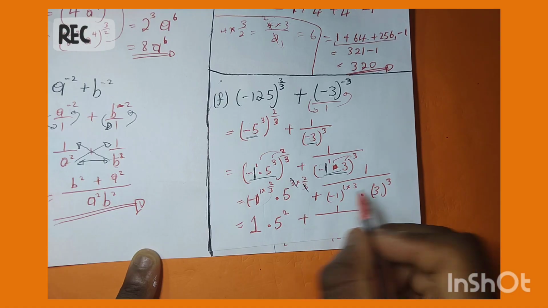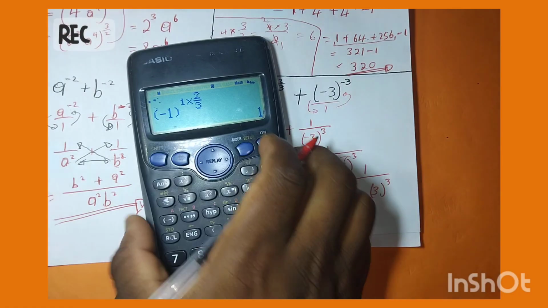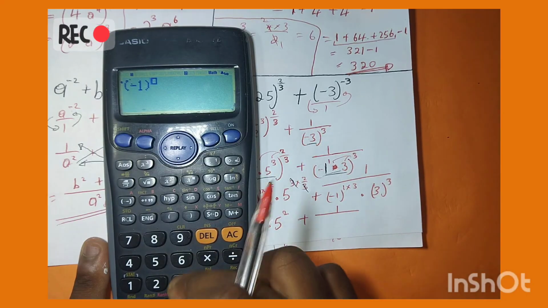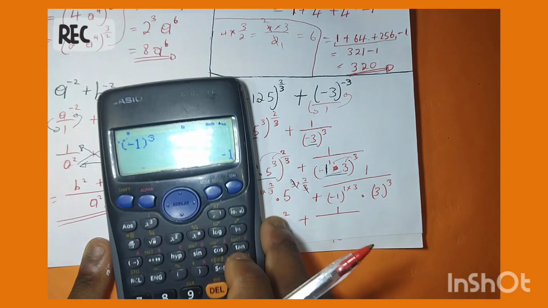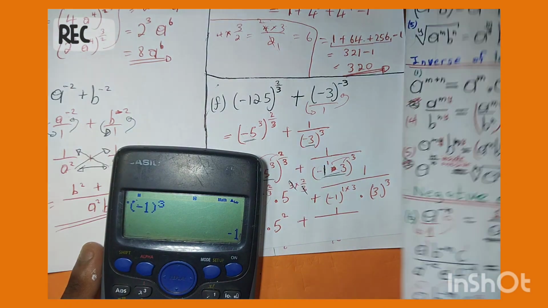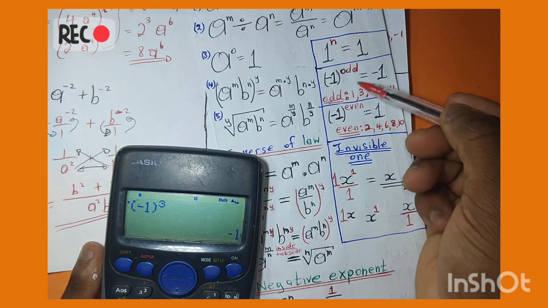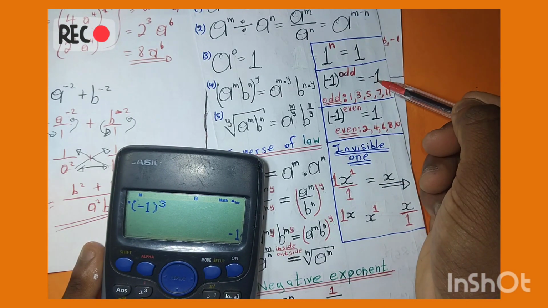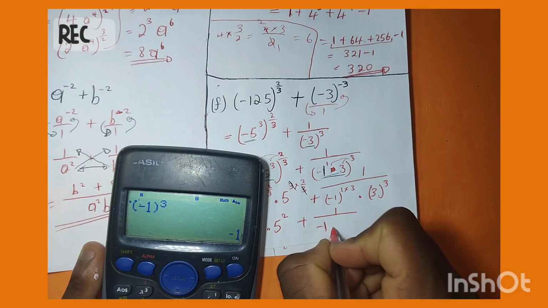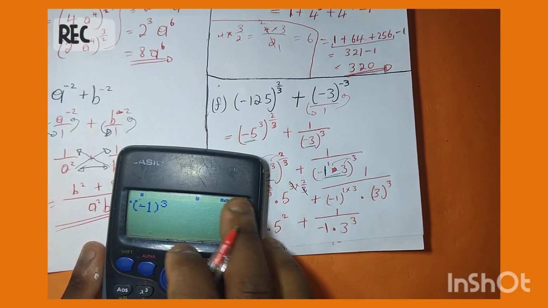And here, all this thing, what will I get? I'll get negative 1 there. So here, let me just press it, so that I'll just get 1 there. Don't forget that according to those rules, if you have an odd number, you'll get negative 1. This is what is happening here. We get negative 1 multiplied by 3 to the 3.